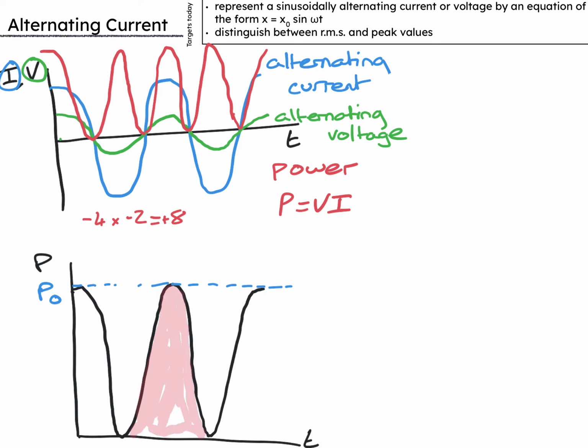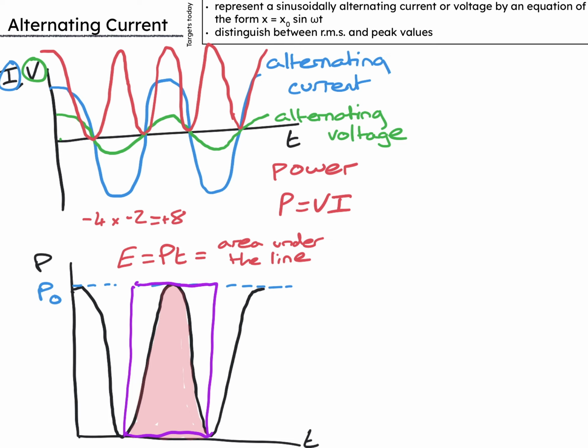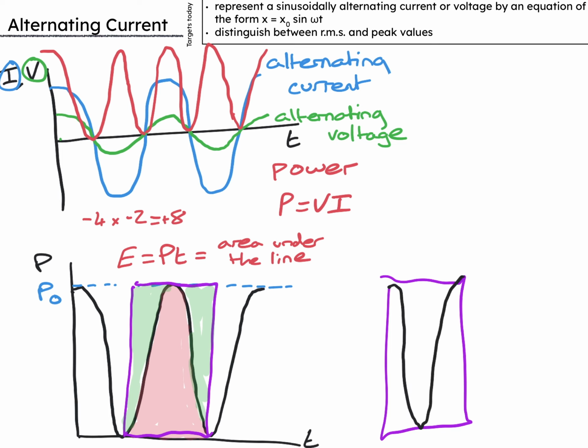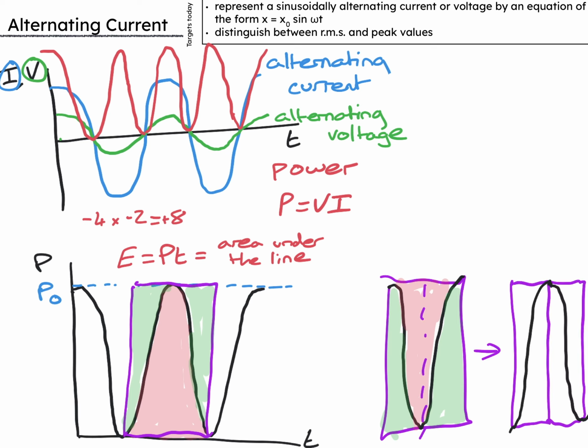Look at the area here. It represents the energy being transferred, since energy equals power times time. Energy is the area under the graph. If I draw the rectangle around it though, and I shade this bit green, then flip it over, then rearrange the picture a little, and you can clearly see that the area above the line is equal to the area under the line.